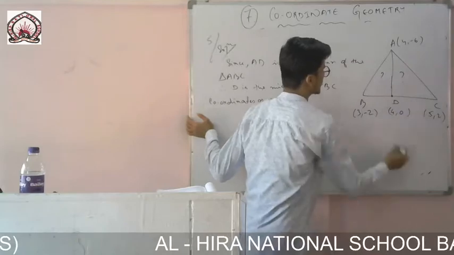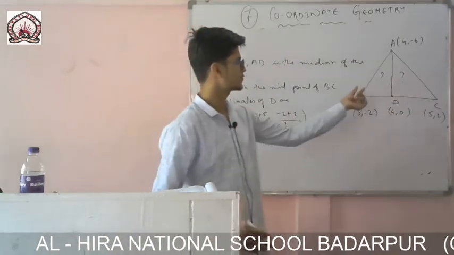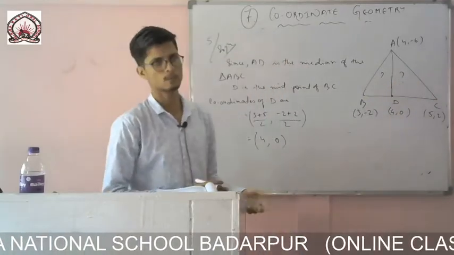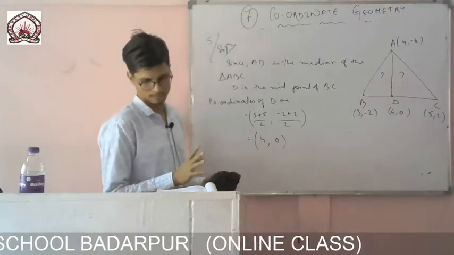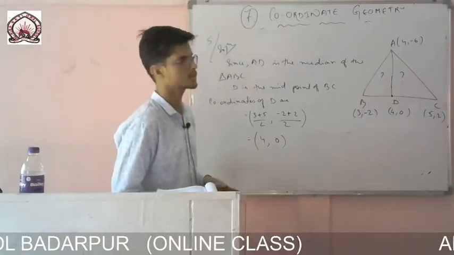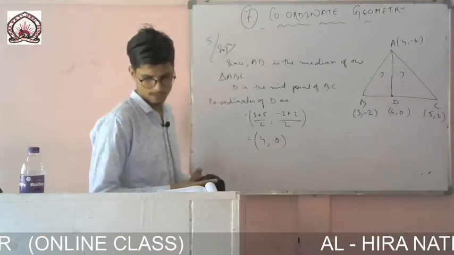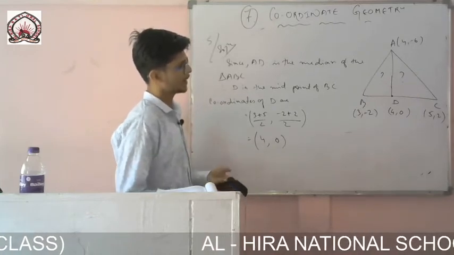Now we will find the area of this triangle, then the area of that one, and then it will be finished. If both answers come the same, then I can say that both the areas are equal, so the statement given in the question is correct. The coordinate of this point came 4 comma 0. Now I will find the area of the triangle ADB, then ADC.